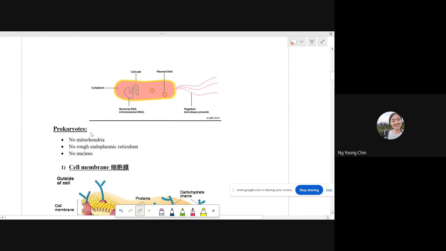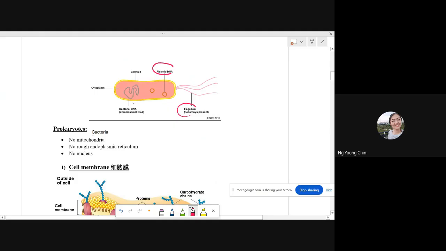Okay, so this is the picture for the prokaryote. Remember that prokaryotic cells refer to all bacteria. Bacteria usually have this structure: they have the flagellum, the plasmid DNA, and the cell wall, which is made out of peptidoglycan, and also the bacterial DNA, which is totally exposed to the outside.